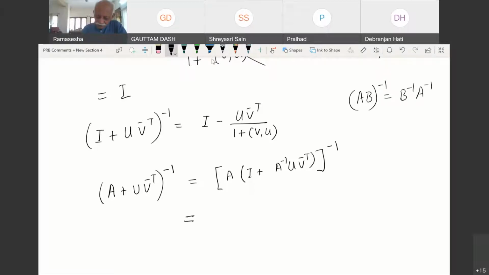Okay, so this I can write as I plus A inverse UV bar transpose inverse into A inverse.